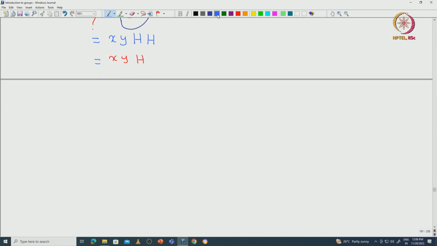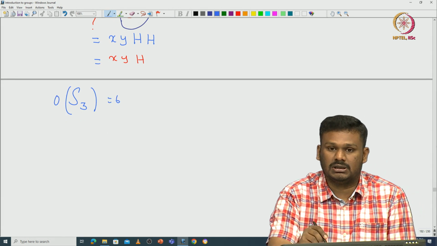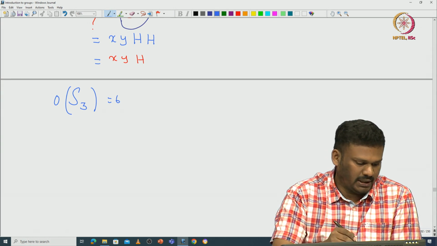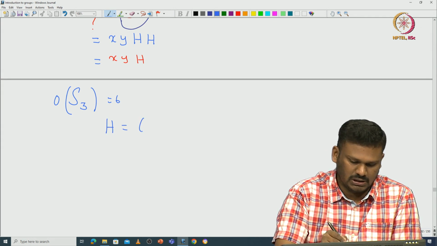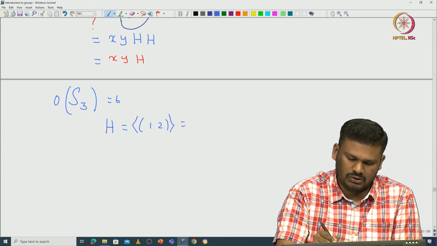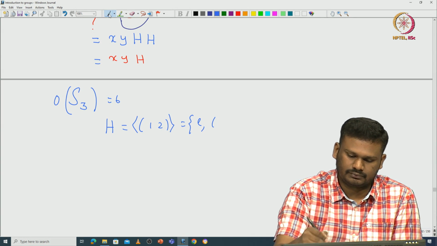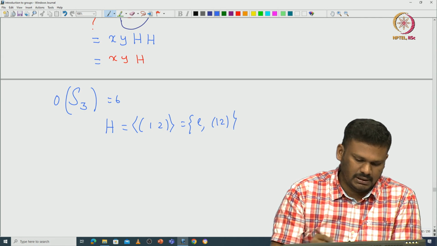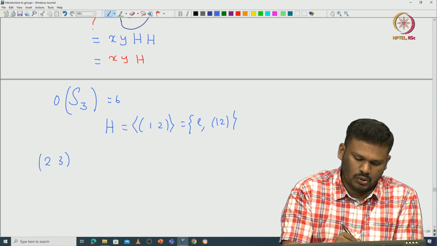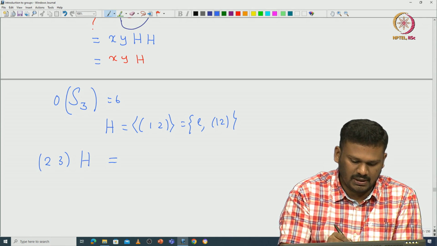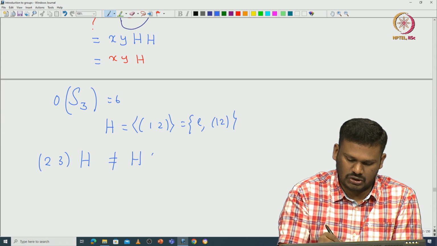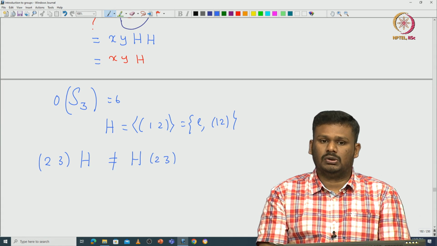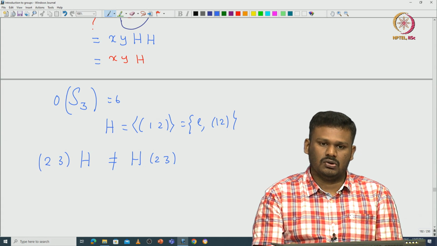Even in the very first non-abelian group that we know, which is S3, of order 6, the permutations of 1, 2, 3, if you take for example the subgroup H generated by (1 2), which is just the identity and (1 2), then it is not hard to see that if you compute the left coset (2 3)H, it is not the same as the right coset H(2 3). So, (2 3)H is not always equal to H(2 3).